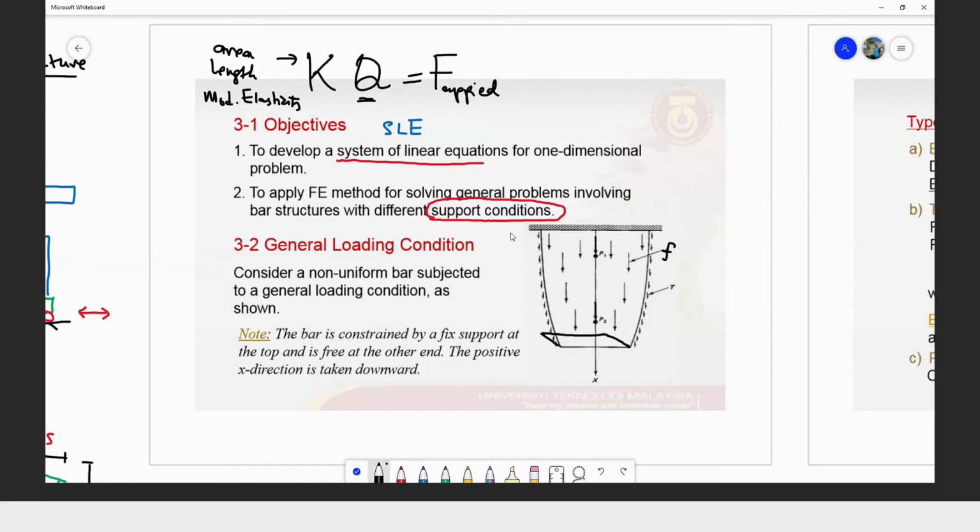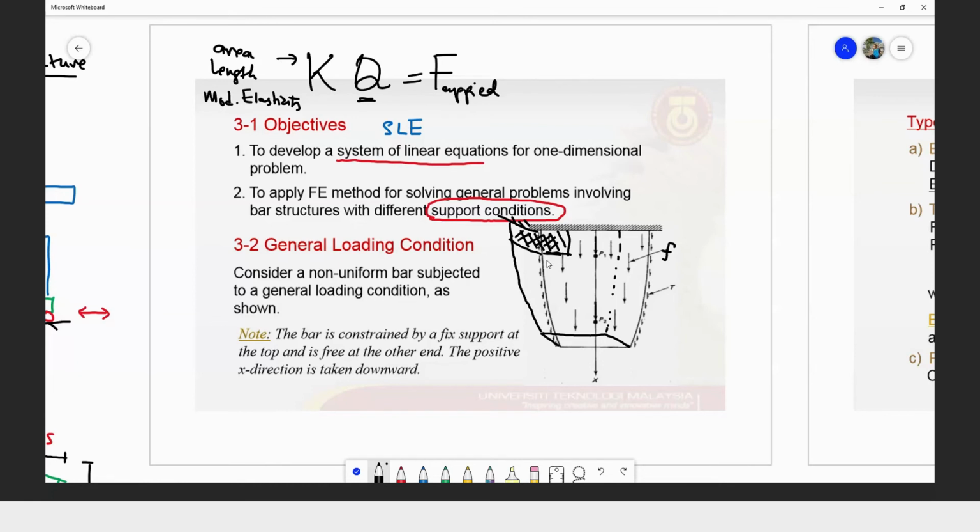Let's say the structure looks like this, and roughly like this here. When I take a small portion of this structure, I cut this part here, and then I take it out.